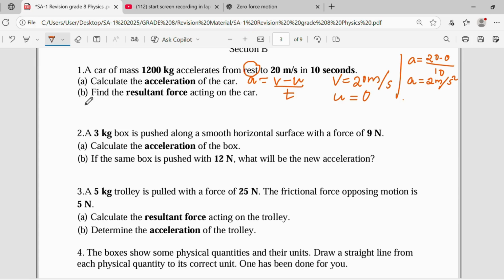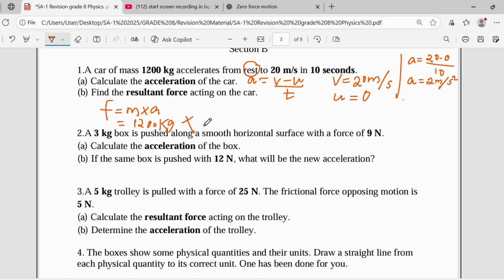Now coming to the resultant force acting on the car. We know the equation for the force, F equals mass times the acceleration. Here the mass is given as 1200 kilograms times the acceleration.